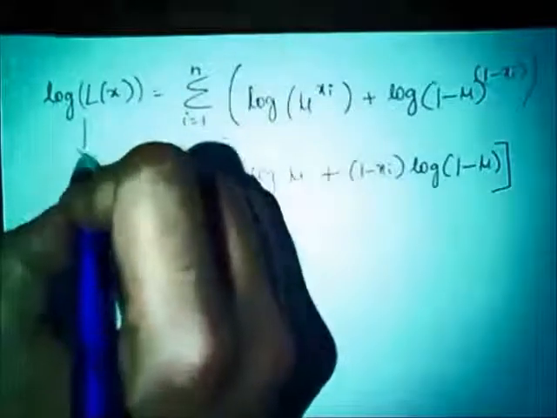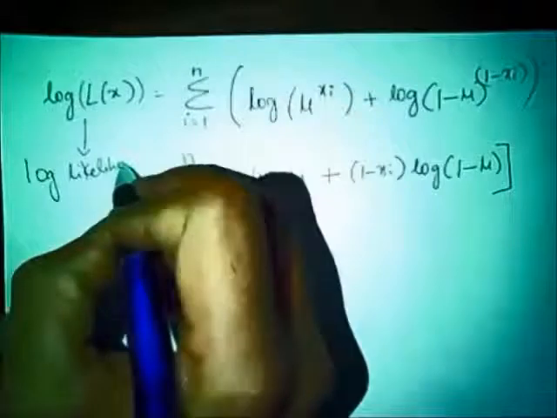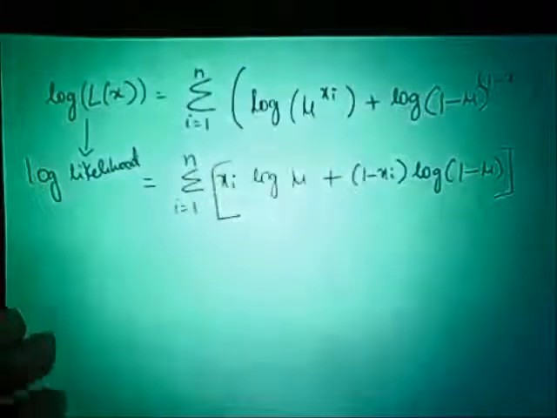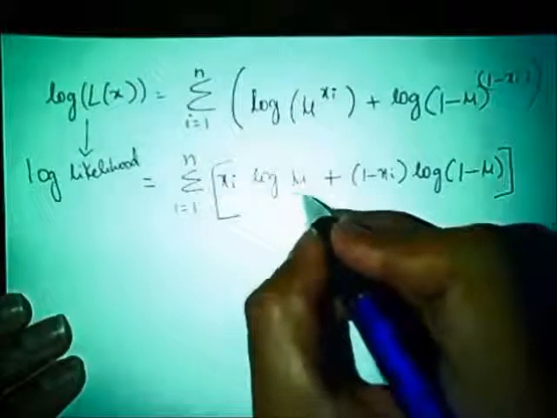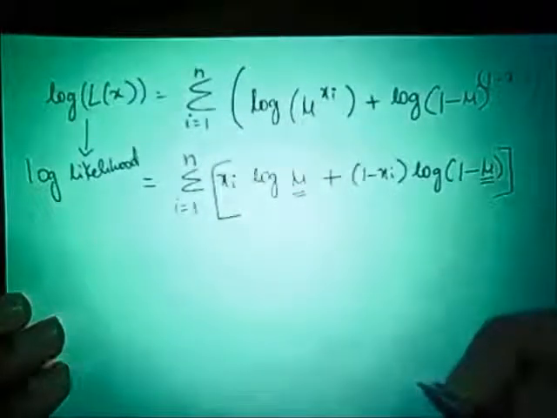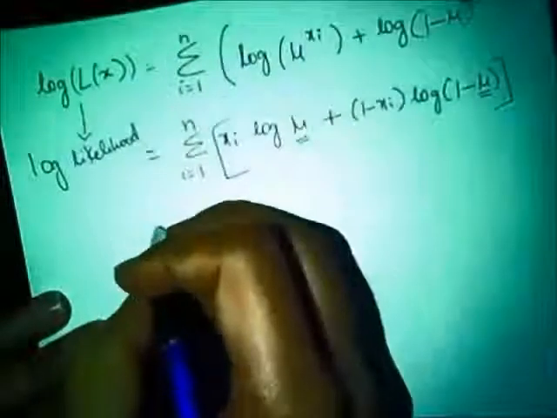So this is called the log likelihood function. So one way to maximize it is to take the derivative of the log likelihood with respect to the parameter that we want to choose and then setting it to 0. So we are going to do that now.